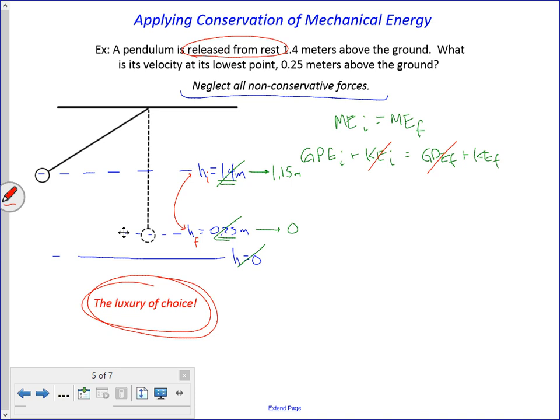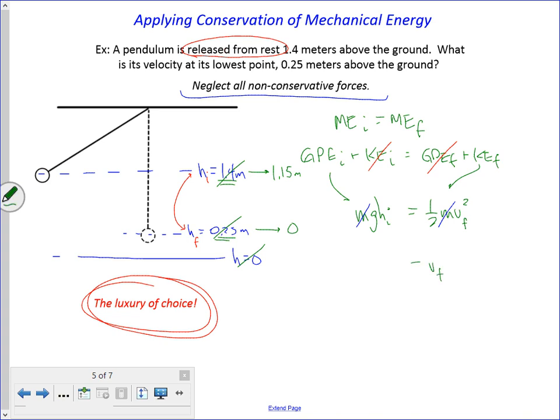So here's a case where GPE initial, which I now write as mgh initial, turns entirely into 1/2 m v final squared. Enough of that stuff. What's the speed?